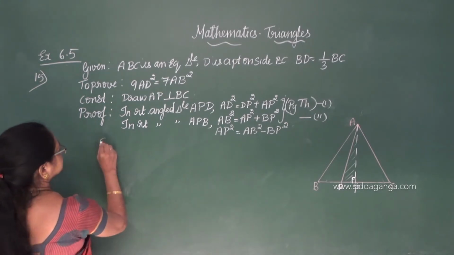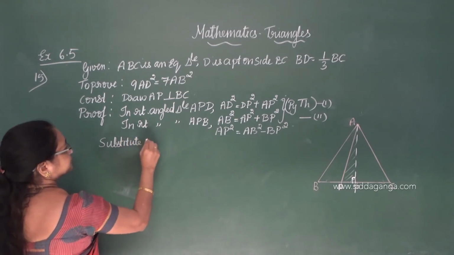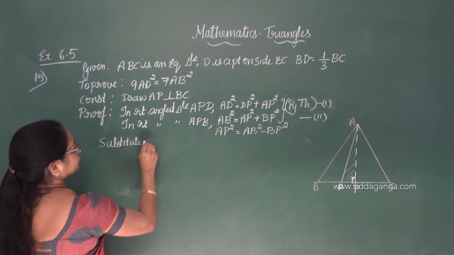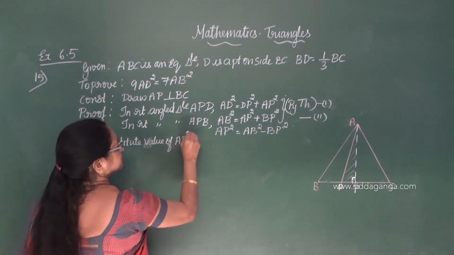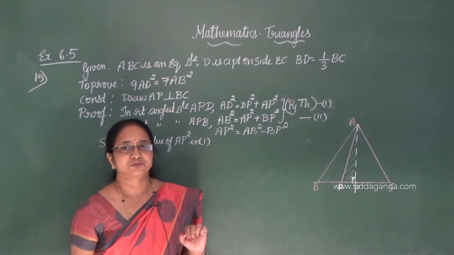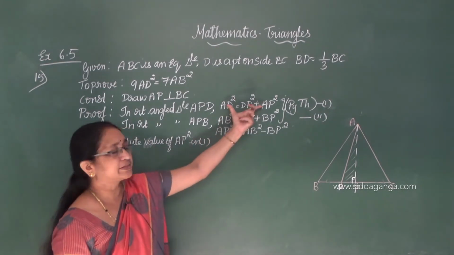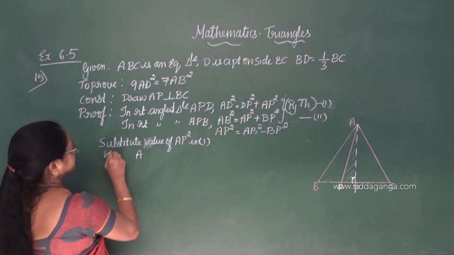Okay. Substitute the value of AP square in equation 1. Understood? So we will substitute AP square here. What will we get?